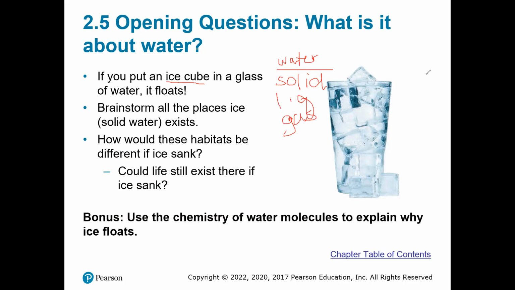Solid water, we're going to talk about why it floats in a second. We see it in places like Antarctica and the Arctic, or the polar ice caps. The fact that ice floats on the oceans provides a very unique habitat. We're going to talk about the chemistry of the water molecule to explain why ice floats in a couple minutes.